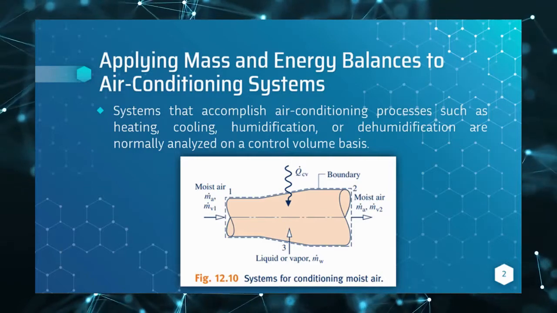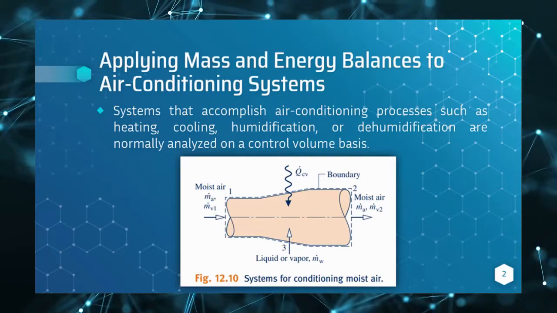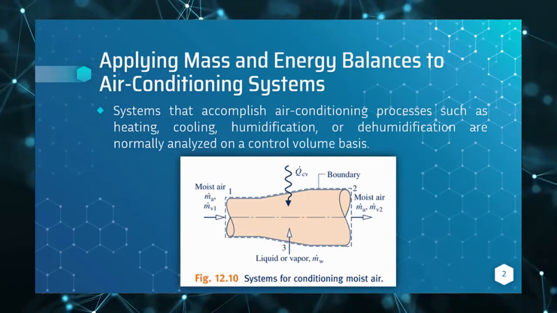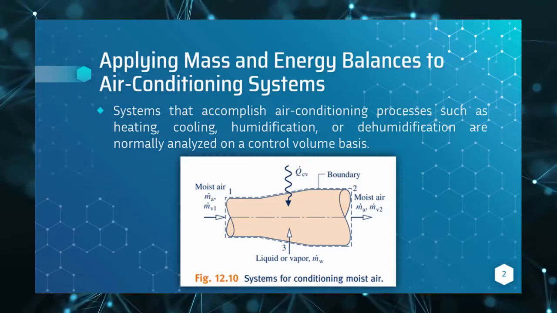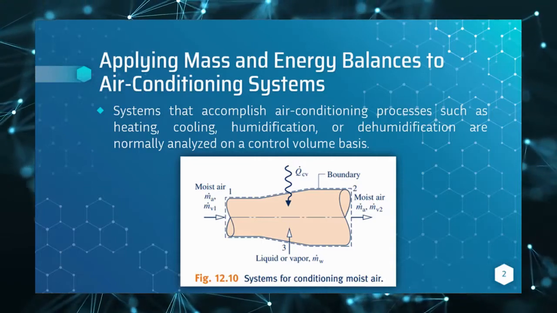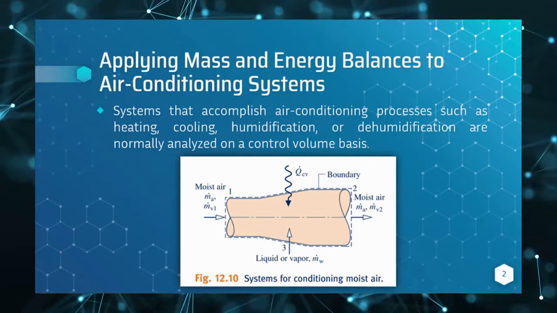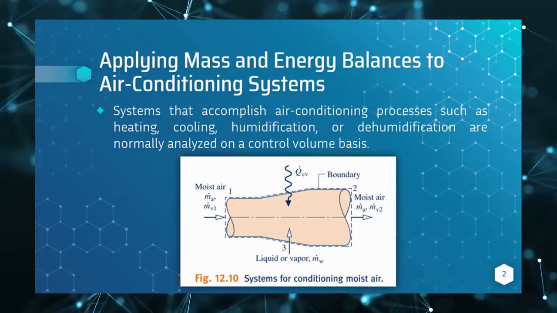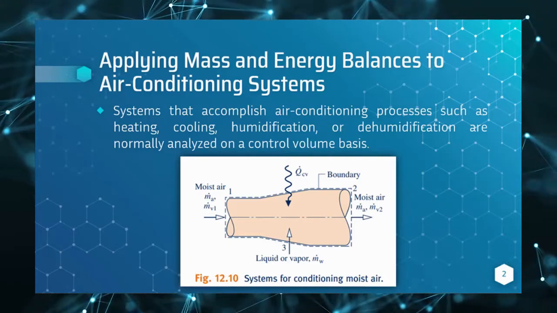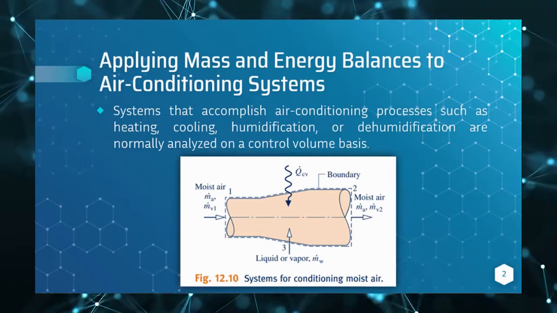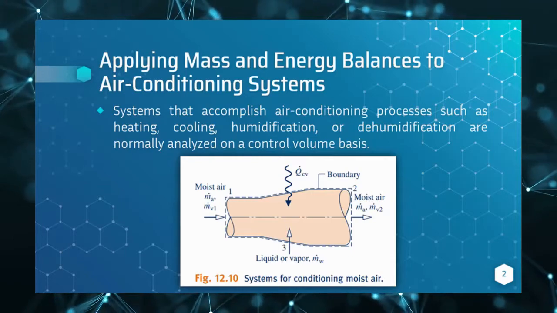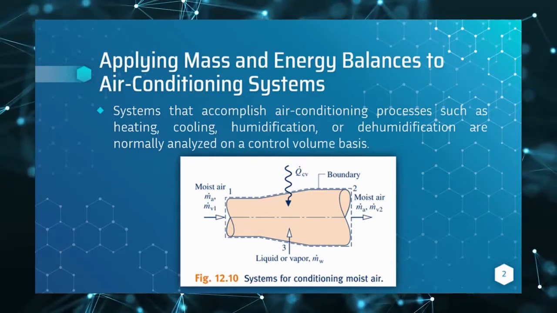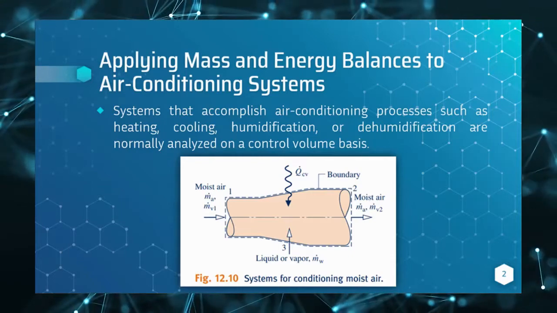A moist air stream enters at 1, a moist air stream exits at 2, and a water-only stream enters or exits at 3. The water-only stream may be liquid or a vapor. Heat transfer at the rate Q_CV can occur between the control volume and its surroundings, depending on the application. The value of Q_CV might be positive, negative, or 0.